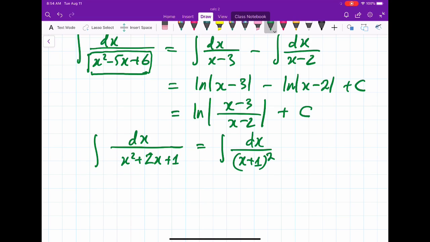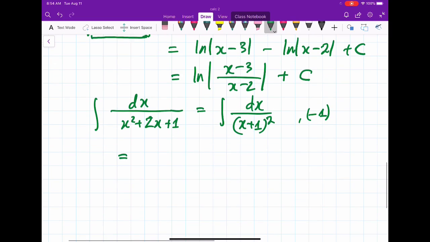You see, negative 1 is a zero, and the multiplicity of this is 2. So this integral is much easier than the previous one. You can write (x plus 1) to the negative 2 dx, and then you use the power rule. You get what you need.